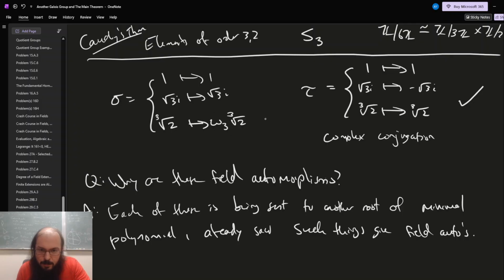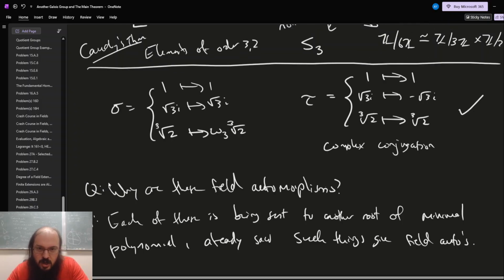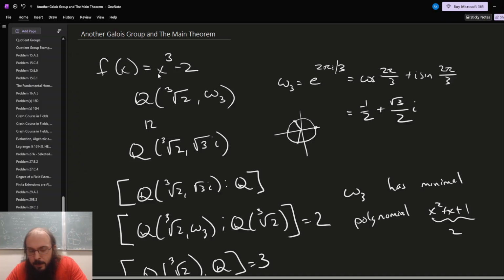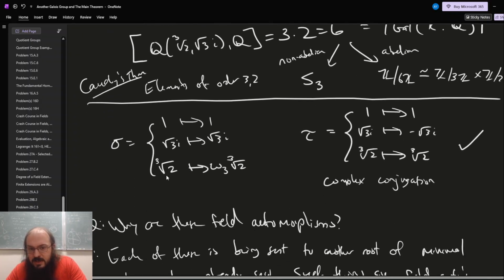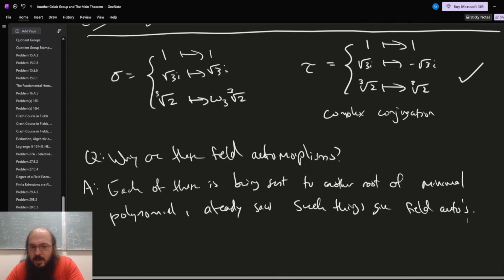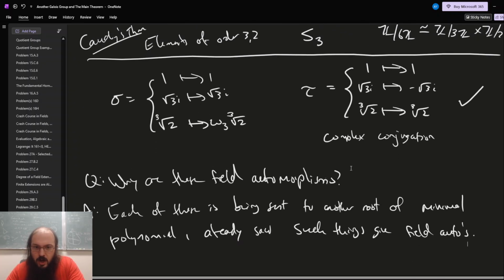Right? Like this thing being a little bit complicated feels slightly suspicious. But if I were to plug in the cube root of 2 into here, or the cube root of 2 times the third root of unity, it would still be a root. And so since I'm sending a root to a different root, there must be a field automorphism that does what I want.